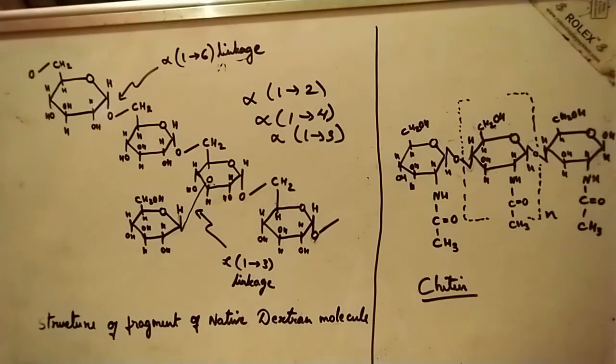Now another important homopolysaccharide is chitin. Chitin is probably the most abundant polysaccharide in nature after cellulose. It is the principal component of the exoskeleton of insects and also of some fungi.